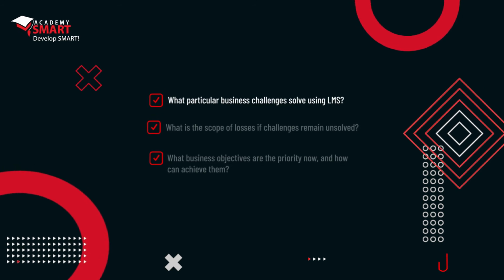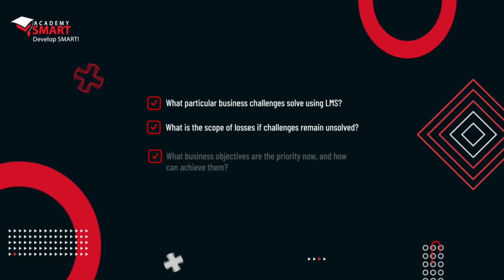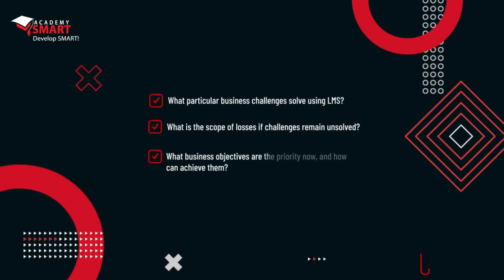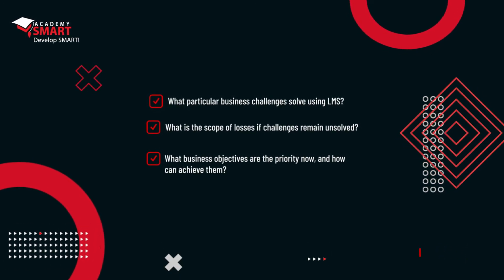What particular business challenges will we solve using this LMS? What is the scope of losses if these challenges remain unsolved? And what business objectives are the priority now and how can we achieve them? By sorting out these questions, you will understand how to best align your LMS implementation with the pressing needs and long-term strategy of your business.